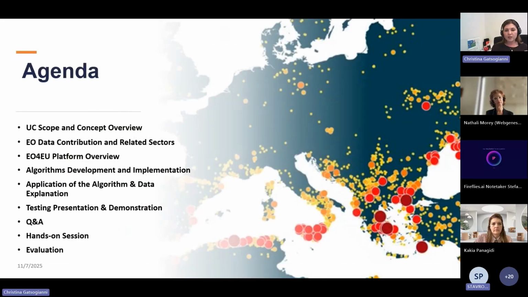Delving into the main objectives of our agenda, we will explore the primary goals of the use case and examine the significance of Earth observation data in civil protection activities, such as wildfire risk maps that Natalie will present. Katja will give you the overview of the EO4EU platform and explain how the machine learning and algorithm tools behind this use case have been developed and integrated into the platform.